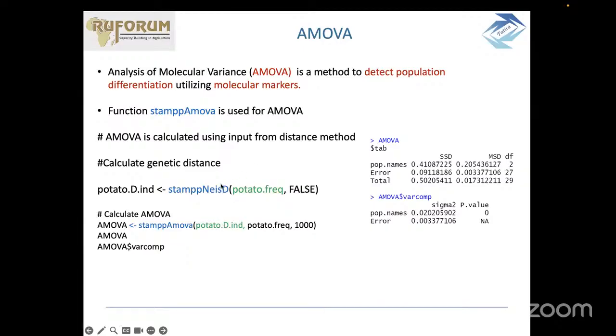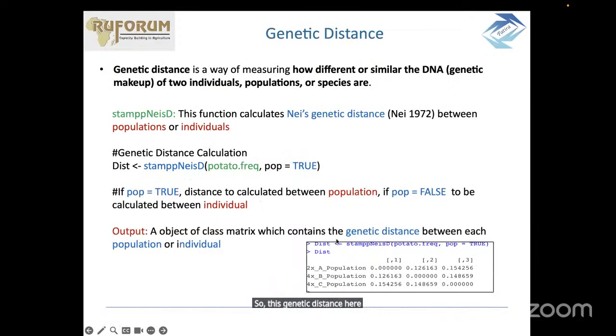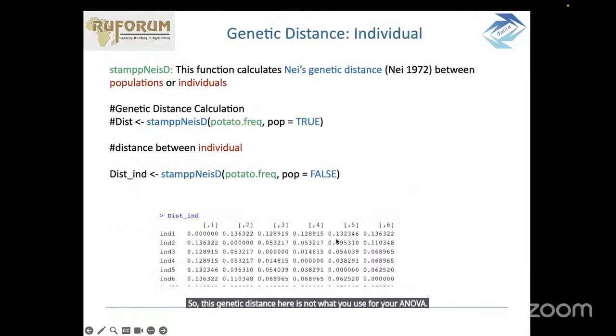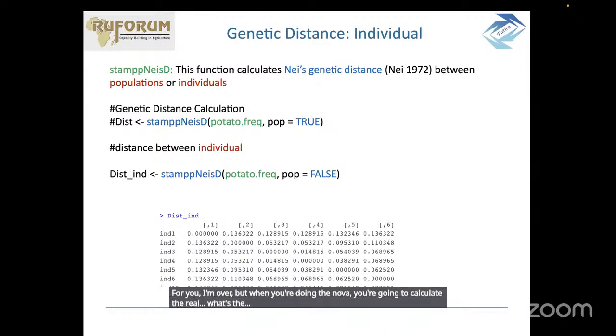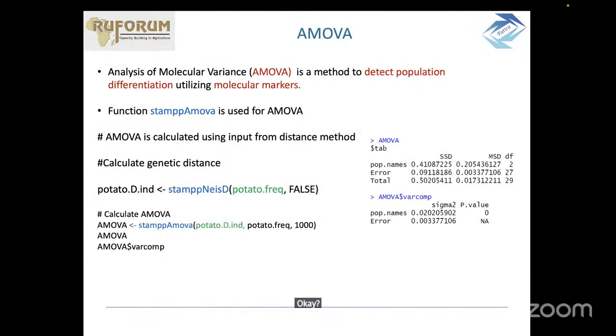Instead of using the original values, as you do in ANOVA, here you calculate the genetic distance. So this genetic distance is what you use for your AMOVA. Okay, so this is how you do the AMOVA.